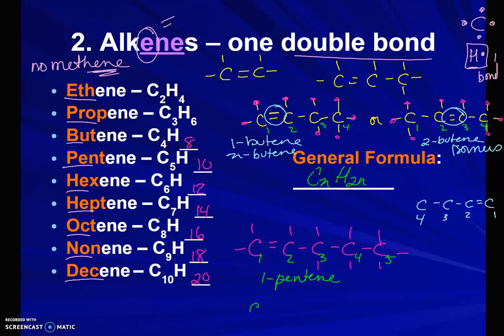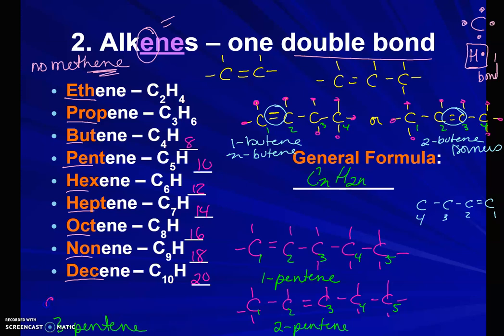And if we put our double bond between the second and the third, we would name this lower molecule 2-pentene. So I ask you, is there a 3-pentene? Is that possible? Or is it 2-pentene backwards?